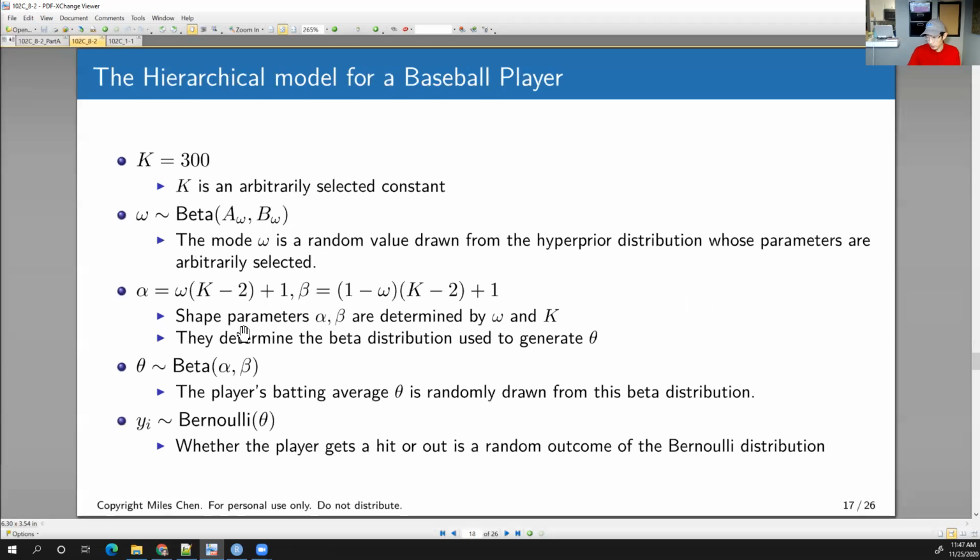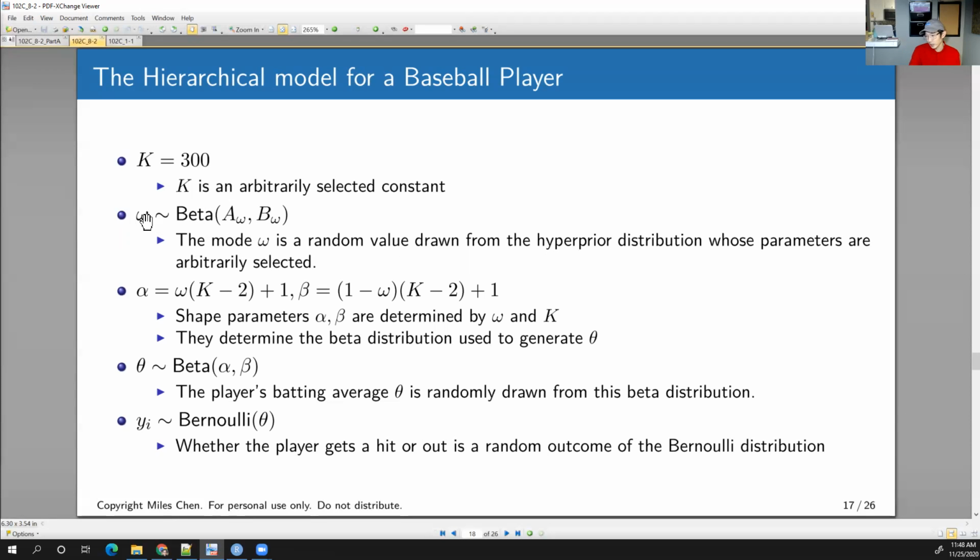So here is the hierarchy, okay? K is an arbitrarily selected constant. A sub omega and B sub omega are also arbitrarily selected constants. Omega is going to be drawn from this beta distribution, which is the hyperprior distribution.